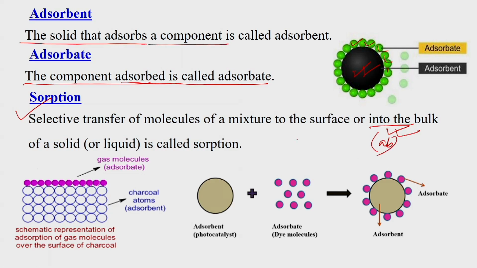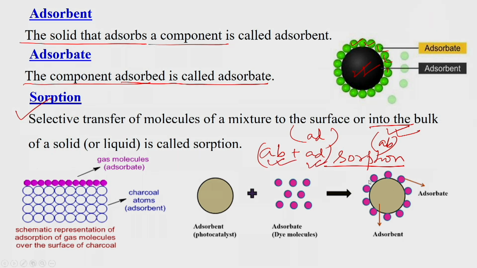That was absorption. Whenever it goes to the surface, that is adsorption. So, this combination of adsorption and absorption, AB plus AD, as a whole we can say is sorption. This combination of absorption and adsorption is called sorption.